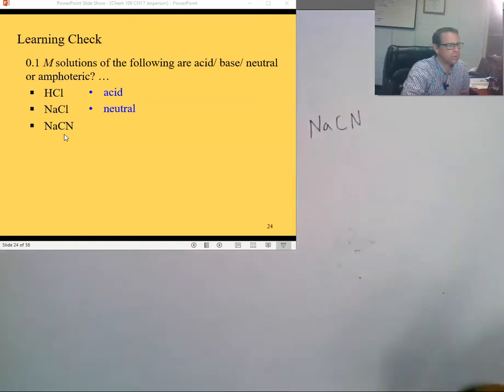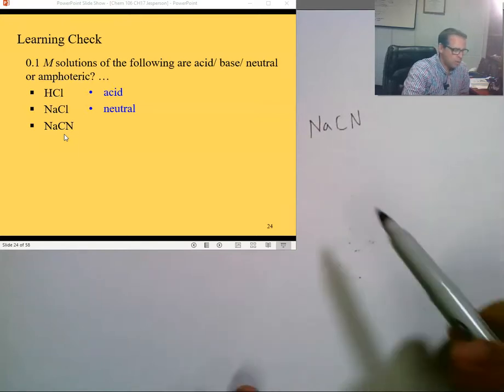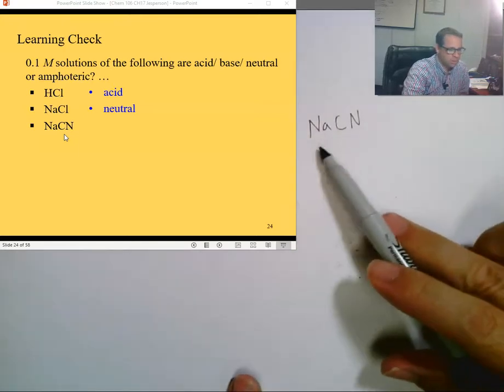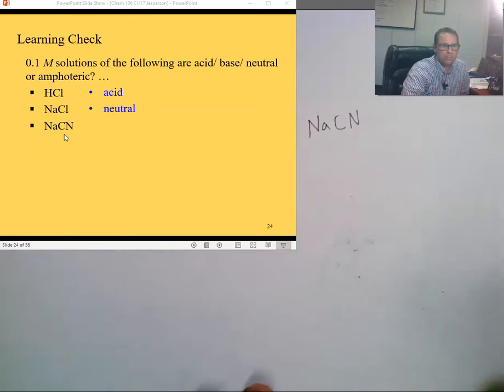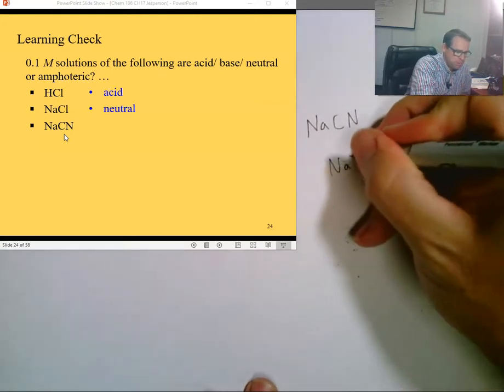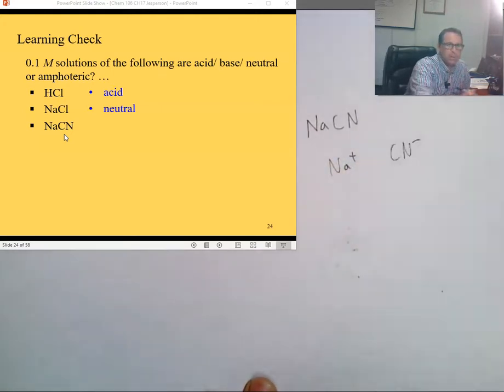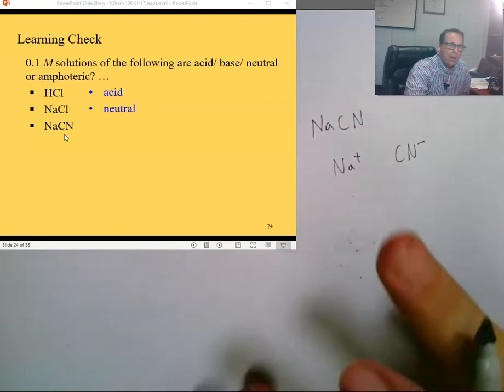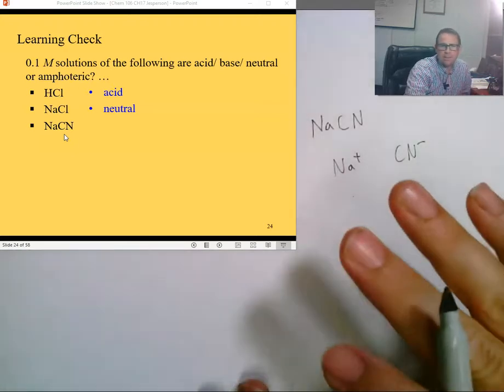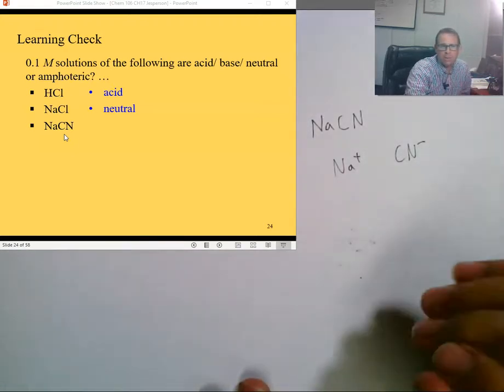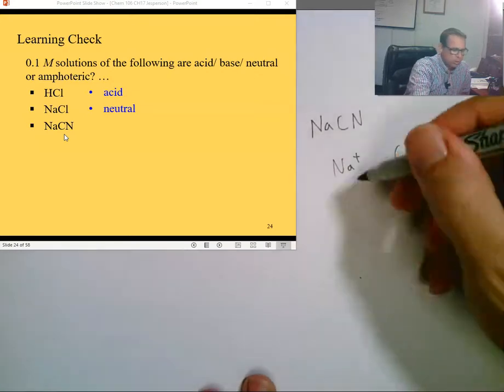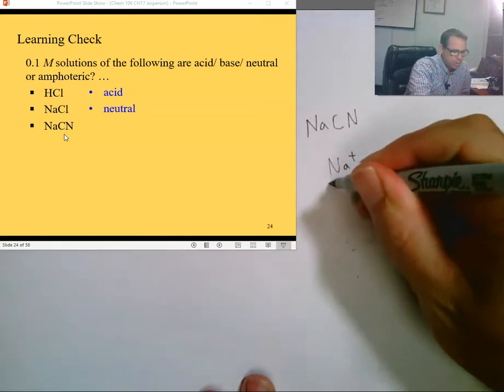Sarah, what ions will result when I put sodium cyanide into solution? Would it just be sodium and cyanide? That's right. Very good. Those are the ions. Now, we want to look at these ions and see if somehow they'll affect the pH of the solution. Do you think the sodium ion will affect the pH of the solution, Sarah?